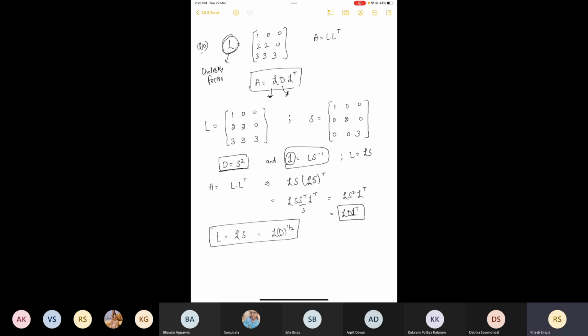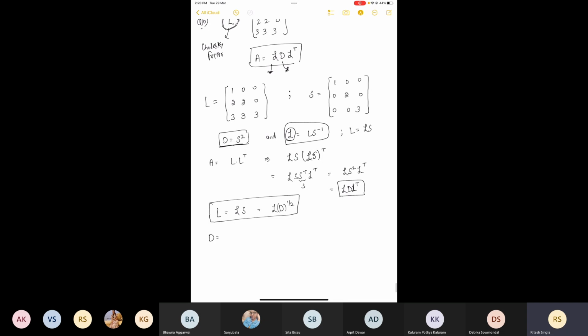Does this make sense? These are the two things you have to remember when doing this type of factorization: D is equal to S square and your new lower triangular matrix L is nothing but the Cholesky factor into S inverse. Can you complete this question now? Yes, sir.